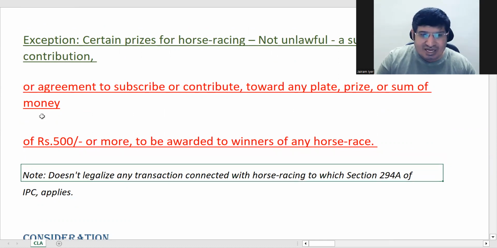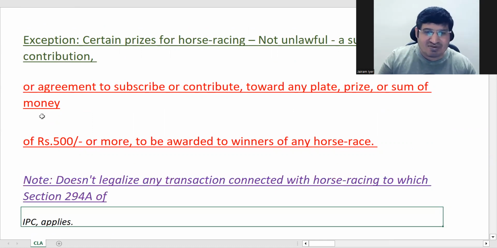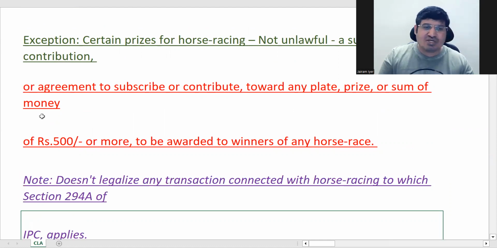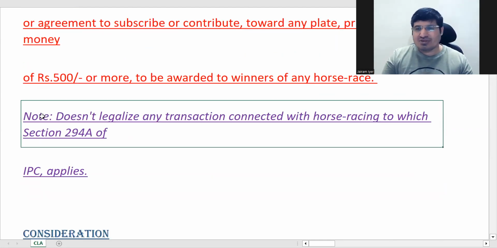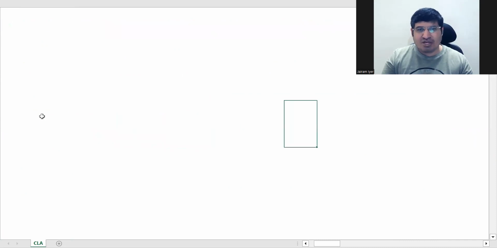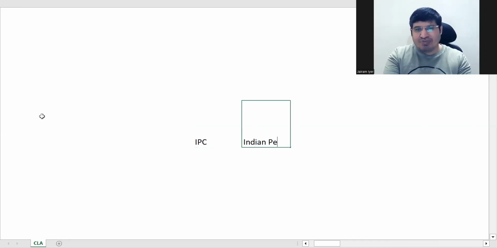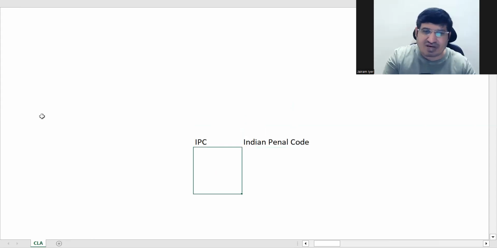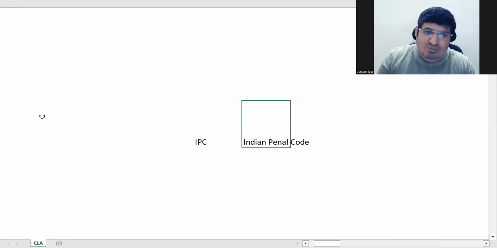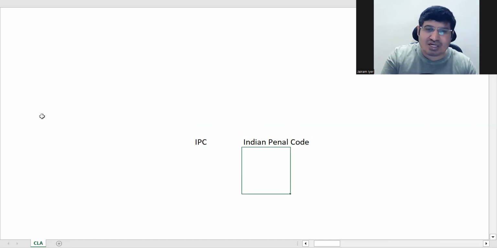Then the next thing is it doesn't legalize any transaction connected with horse racing to which 294A of IPC applies. What is IPC? Anybody knows? Indian Penal Code. Very good. In the Indian Penal Code, basically what is written is anything which the law considers as punishable.